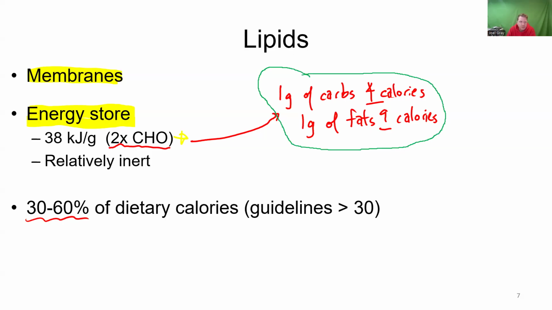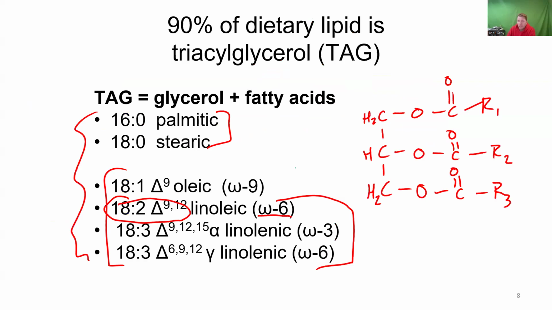Nutritionist, I think, is the fake Instagram title. 1 gram of carbohydrates is going to give you approximately 4 calories of energy, whereas 1 gram of fat will give you approximately 2 times as much. Well, it's 2.5 approximately. Those fatty acids are typically going to be 16 or 18 carbons long. Palmitic and stearic acid are examples of those.